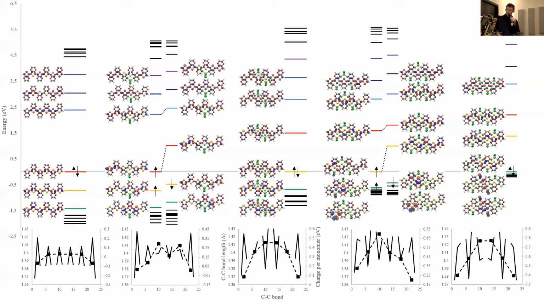At the bottom, the solid graph is the bond lengths for the carbon bonds in the monomer unit, with the carbon bond joining the monomer units together missing. The dashed graphs are the charge concentration, the atomic partial charges summed over each monomer unit, showing how the charge concentrates over the length of the polymer.